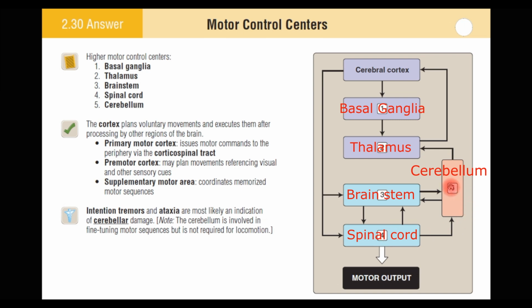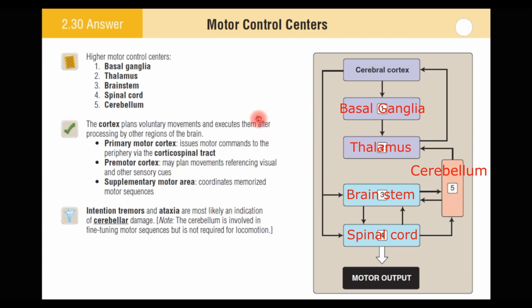That is how the cerebellum hints or suggests to the brainstem or the cortex to improve their control or their signals to perform the accurate function that is desired. So that is the role of cerebellum here.